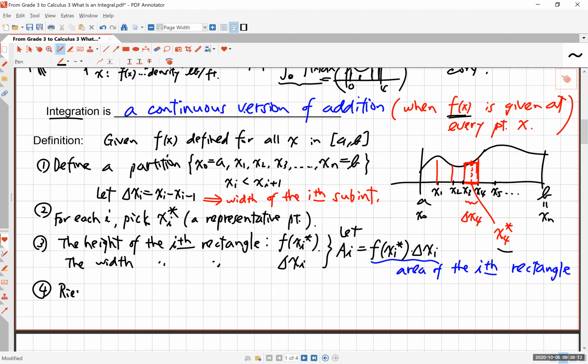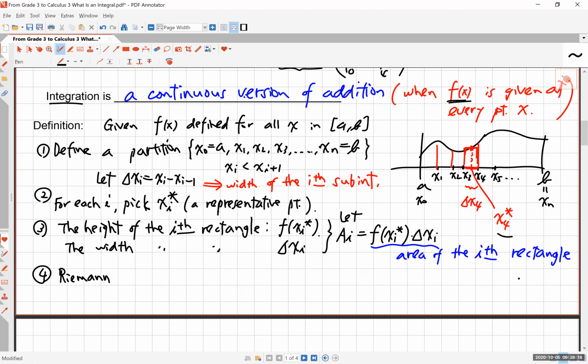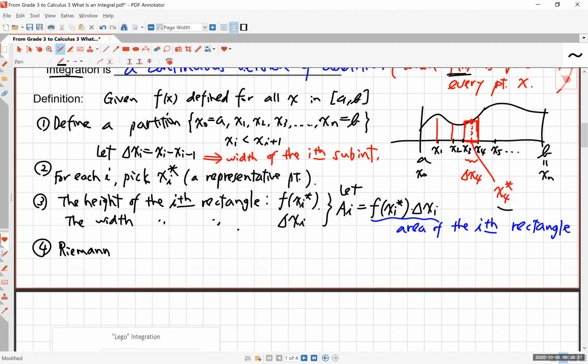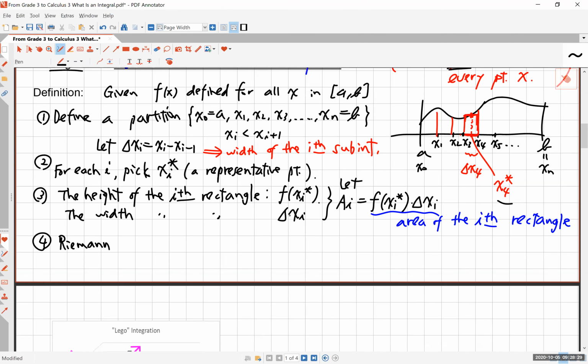This is, as I said before, Riemann, a German mathematician who was well known for his geometric work. Riemann, who unfortunately passed away at age 40 because of sickness. It's a tragic death. He could have done a lot more, I am sure, if he had lived longer. But Riemann defined his sum, the Riemann sum, let's call this S sub n, because you have n subintervals that you defined.